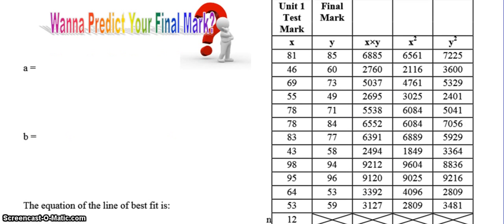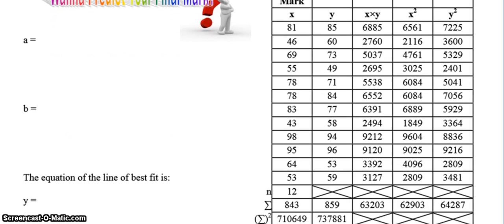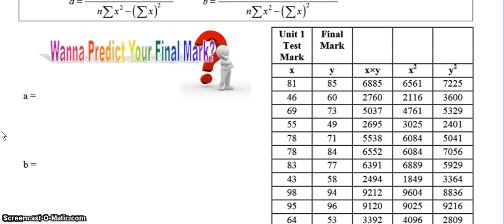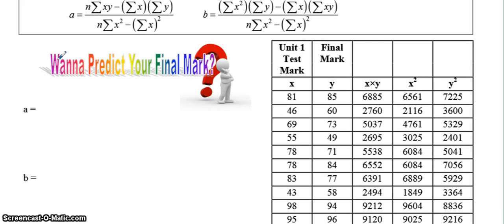So this was the table that we filled out the last day. I just retyped it. And what we're going to do is calculate the a value and the b value. So for the a value, it is equal to n, which was 12.